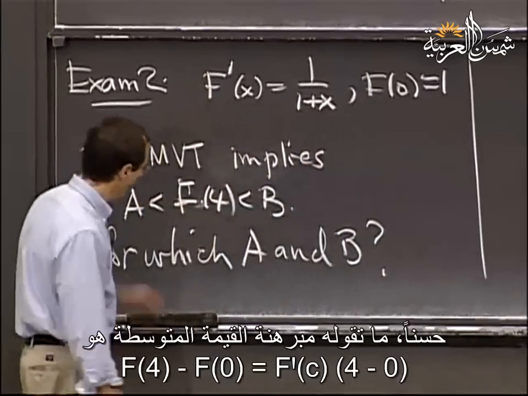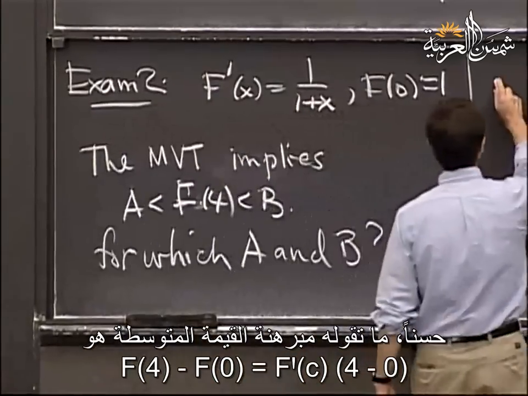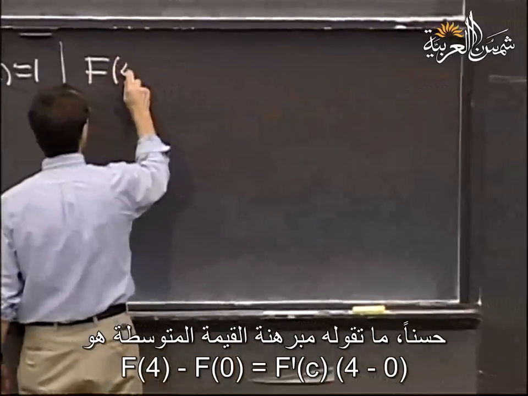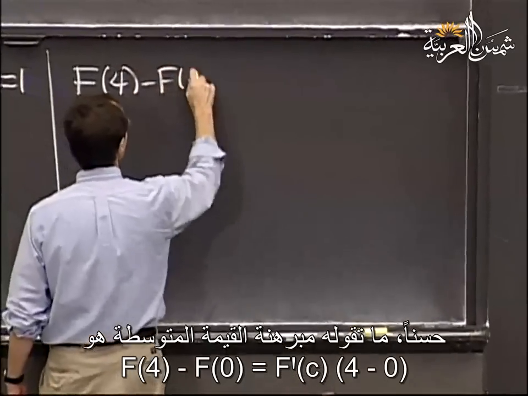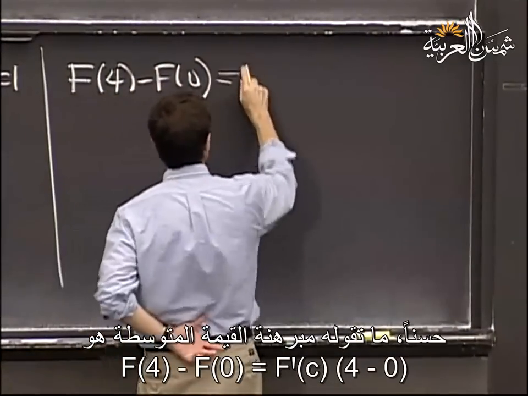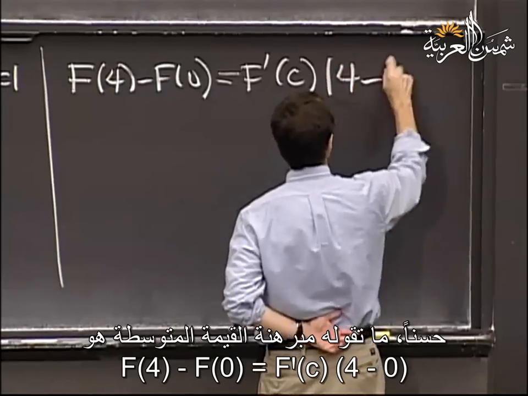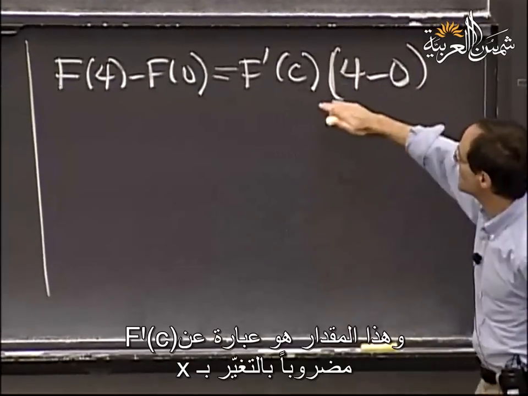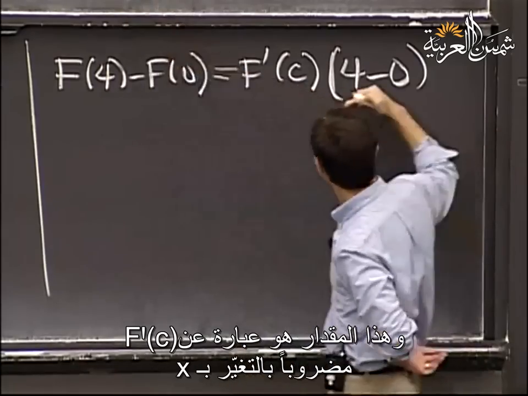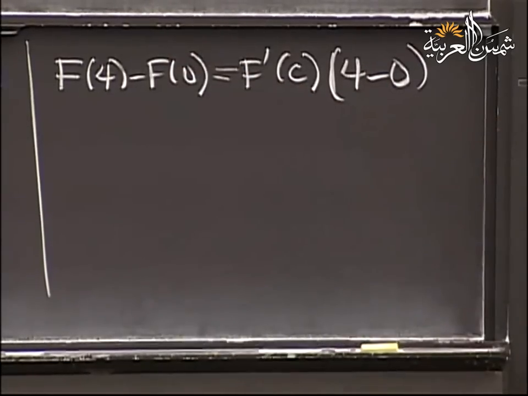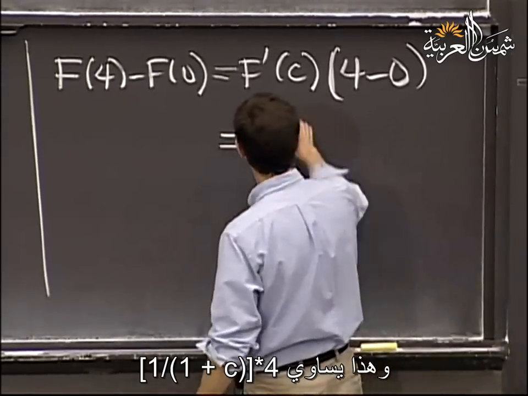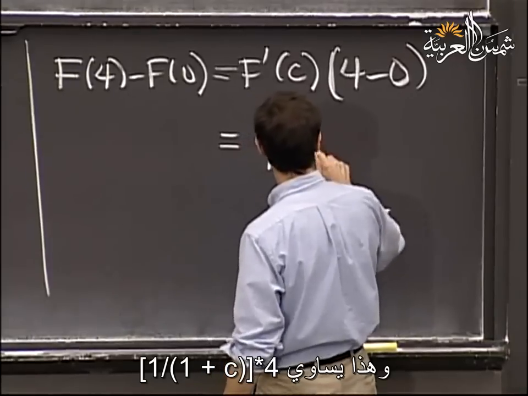Well, the mean value theorem says that F of 4 minus F of 0 is equal to F prime of C times 4 minus 0. This is F prime times delta x. This is the change in x. And that's the same thing as 1 over 1 plus C times 4.